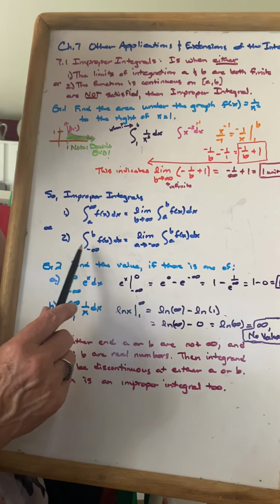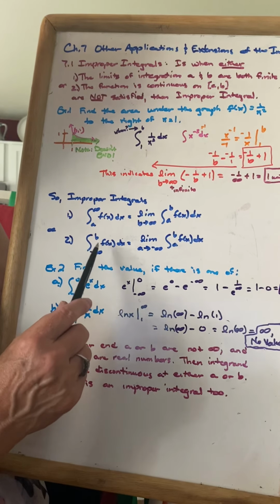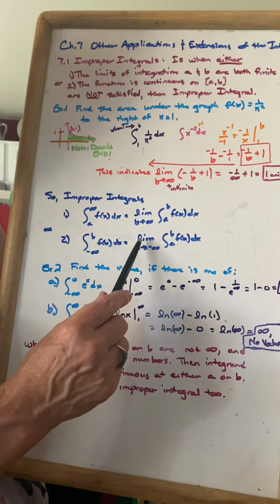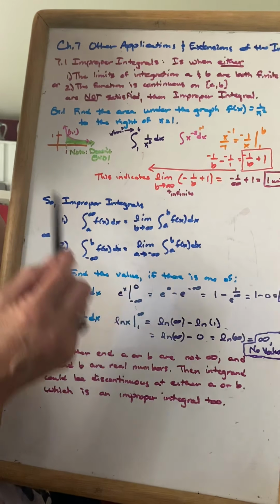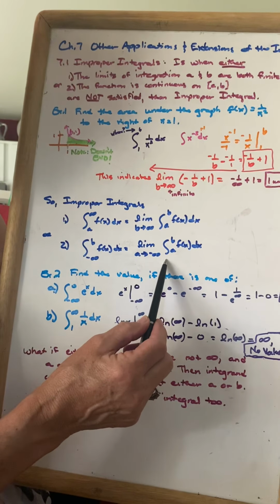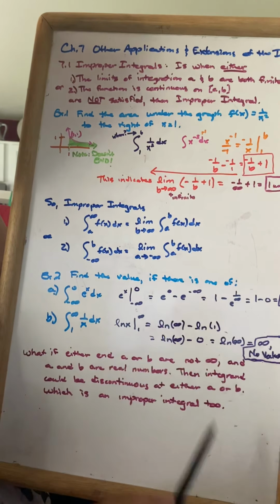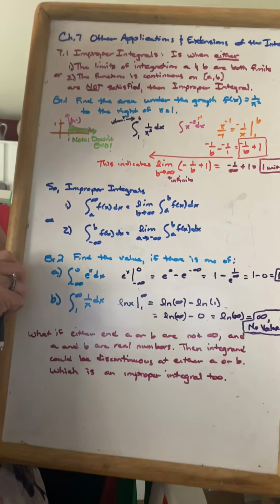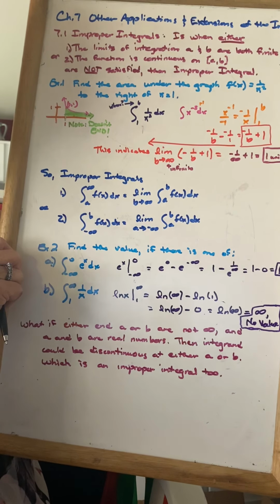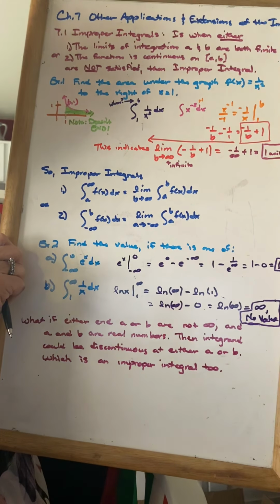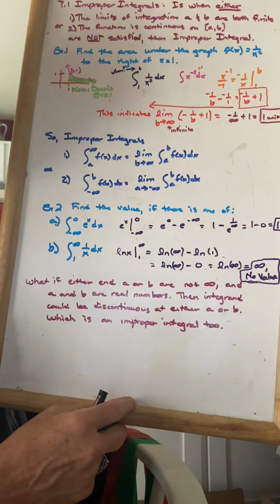Or it could be the integral from negative infinity to b of f of x dx, where the limit goes to negative infinity in the other direction from where you started, the integral from a to b of f of x dx. So I'll give you a minute to write those two down. And then I'll go on to the next example.